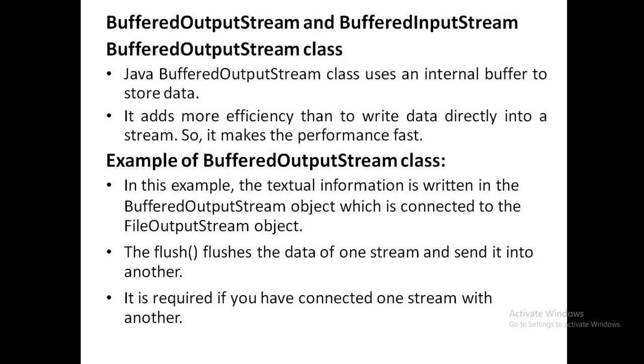So here in the given example, information is written into the buffered output stream object, which is connected to the file output stream object, and the flush method is used to flush the data from one stream to another, and it is required if you have connected both the streams together.